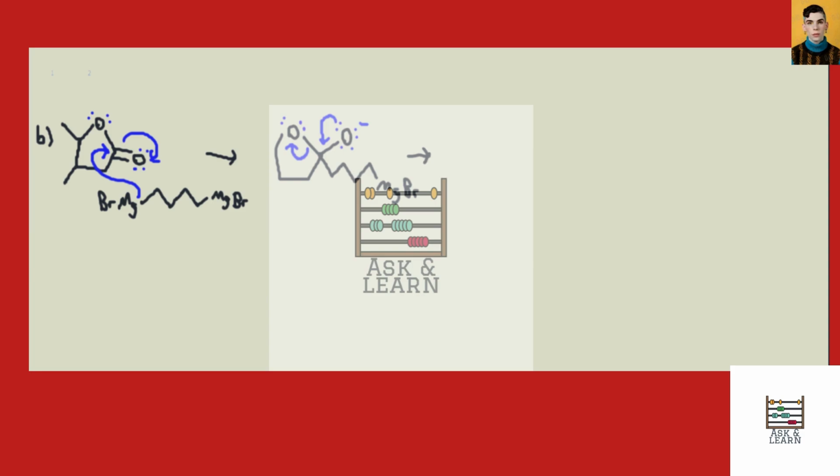And so when that happens, we end up with something that looks like this. So we'll put the magnesium bromide on this side. So our ketone will be here. And our alkoxide will be right here.